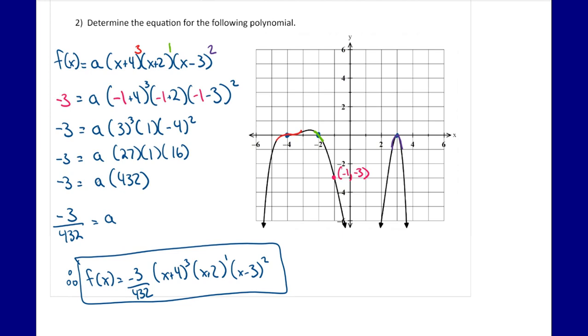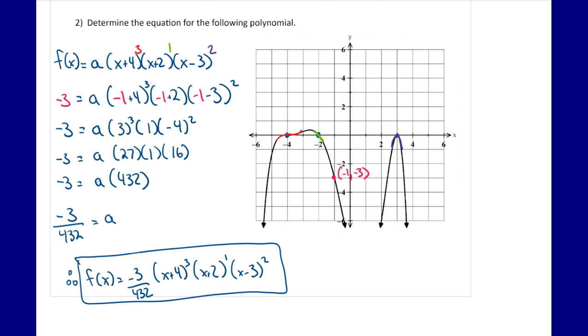And we can look at some of the characteristics and go back, right? The main characteristic for our polynomial: it's a negative coefficient, so that means it should be opening down, which we do see here, right? It opens down. That's not to say we can't have some parts that are going up, but overall it's opening down. If we look at the degree, 3 plus 1 plus 2 is 6.